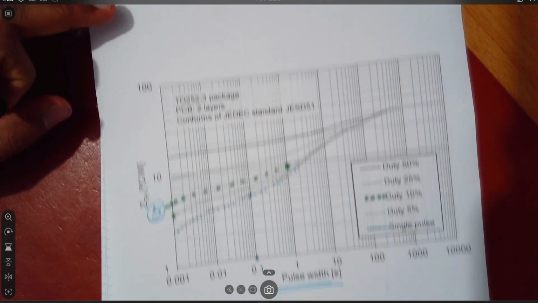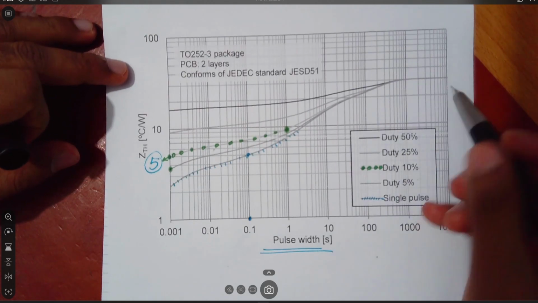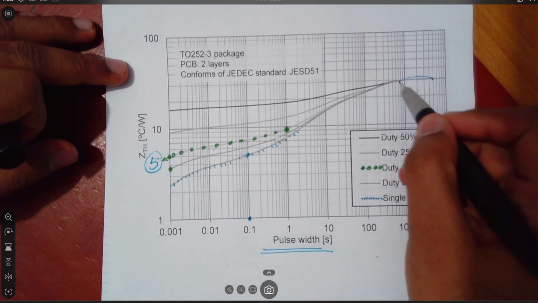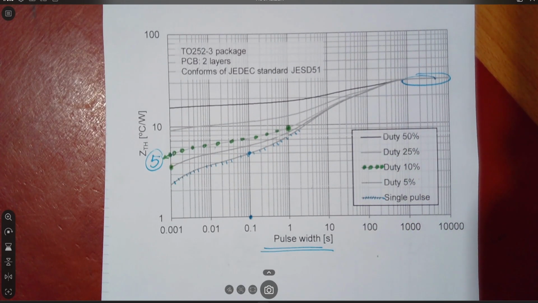For steady state operation, the final state would be this region here, and this represents the RTH, the final value of the ZTH, so to speak.